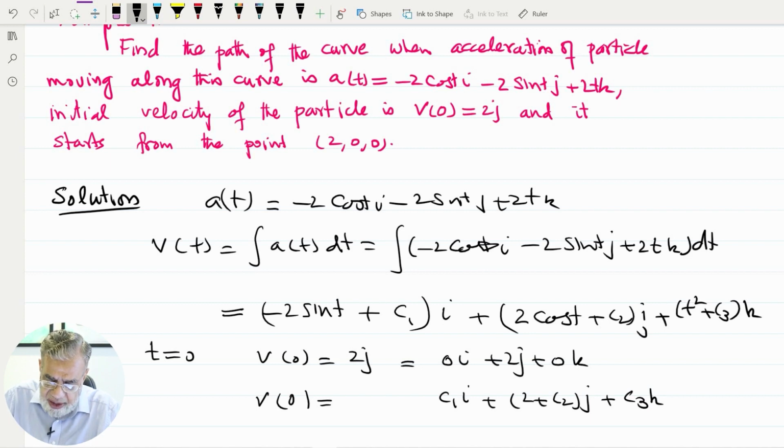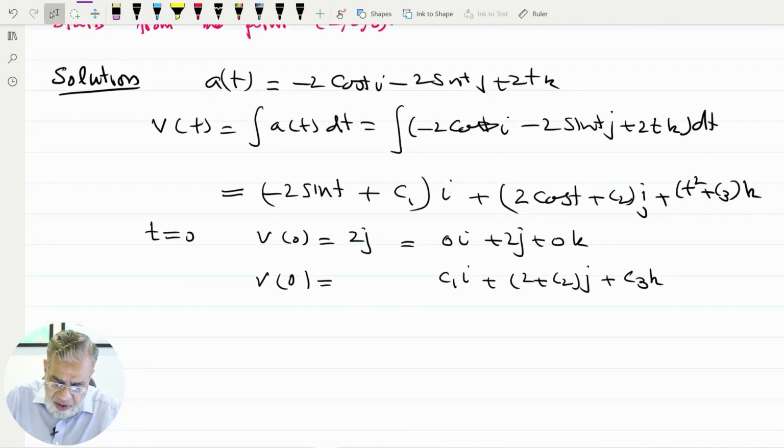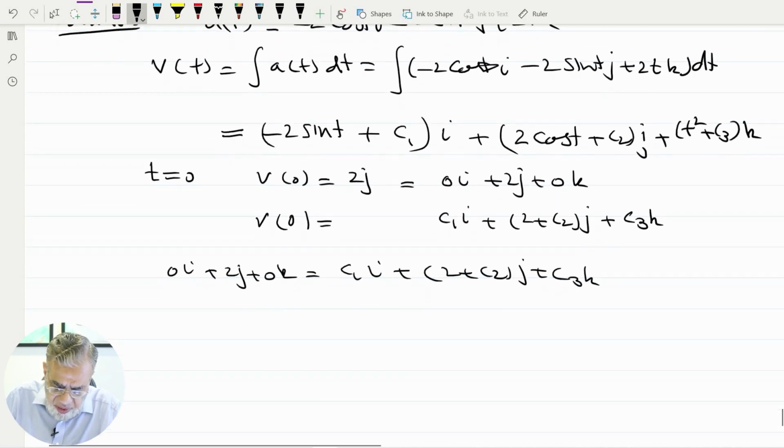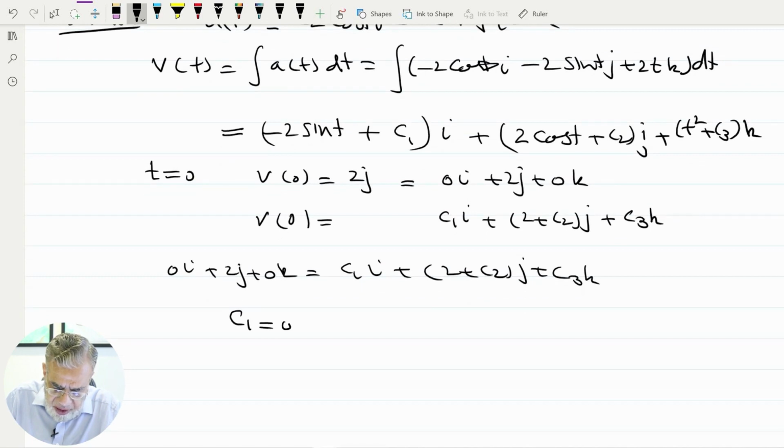We compare these two, they are equal: 0i plus 2j plus 0k is equal to c1 i plus (2 plus c2) j plus c3 k. Comparing the coefficients, c1 is equal to 0, c2 plus 2 is equal to 2, and c3 is equal to 0, and this gives c2 equal to 0.